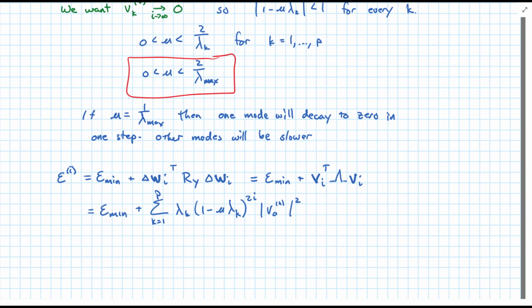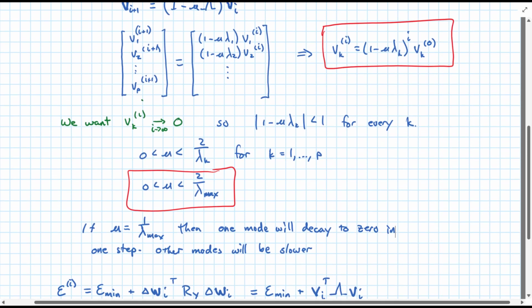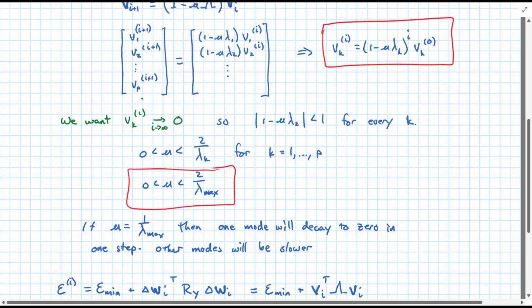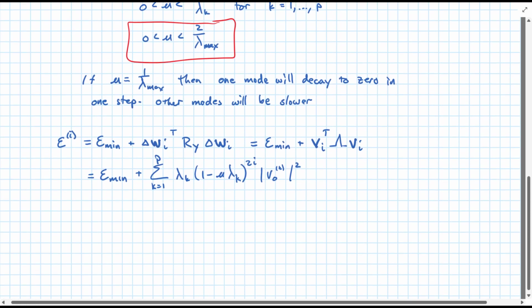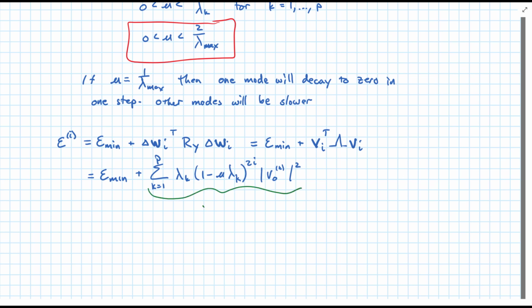And that relates everything back to v naught, as we showed up here in the upper right of your screen right now. The lambda i comes out from our capital lambda, our diagonal matrix, and the V transpose lambda V performs the summation. So this is just our v_i transpose lambda v_i.